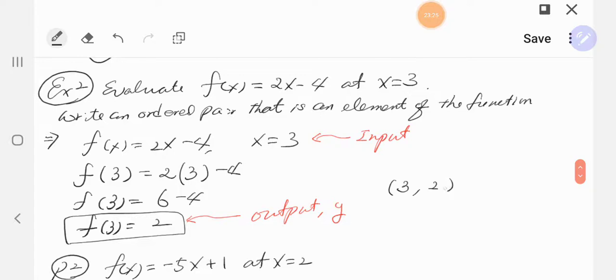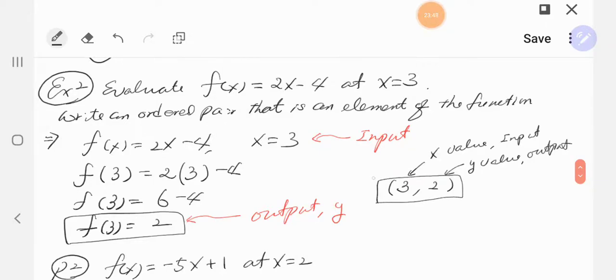Always when you write an ordered pair, you have to write the x coordinate first, the x value, which is the input, and then write down the y value, which is the output. So this is the ordered pair. That's the answer.